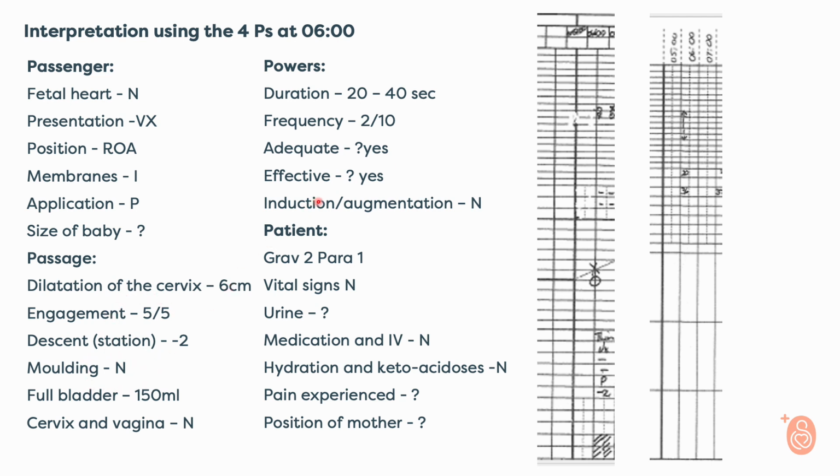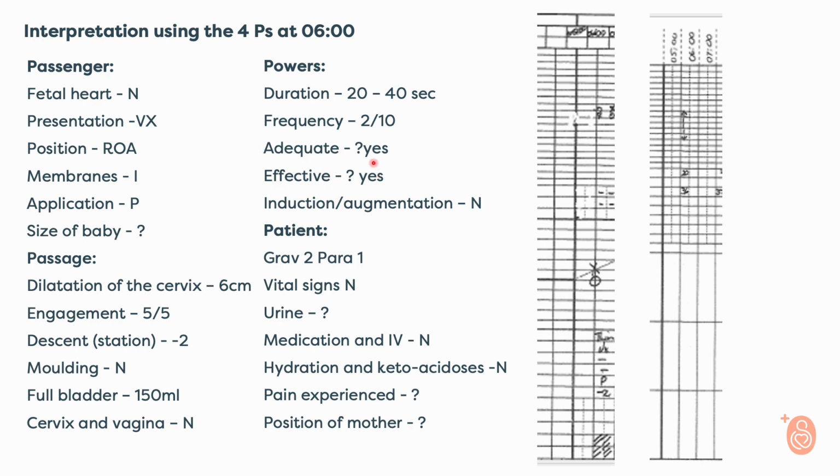Now when we look at the powers, we see that there are only 2 contractions in 10 minutes. They are between 20 and 40 seconds long, and that might be the big reason for this poor situation here. We can clearly see that these contractions are neither adequate nor effective.